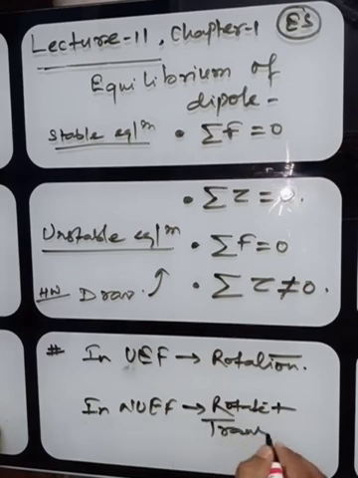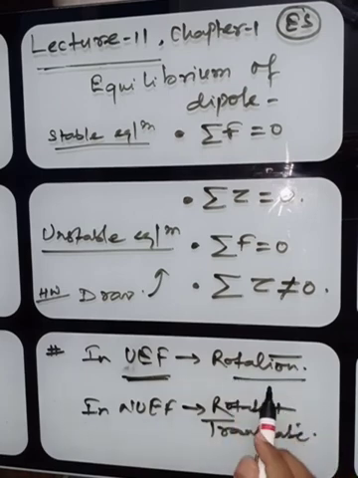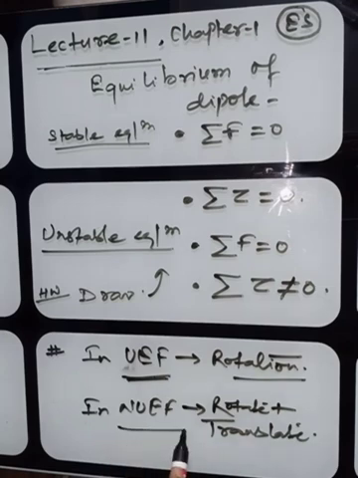In a uniform electric field, it will rotate. If it is rotating, then it must have some torque. And in a non-uniform electric field, it will rotate as well as translate from its actual position.